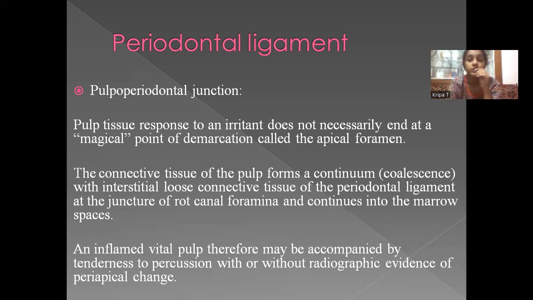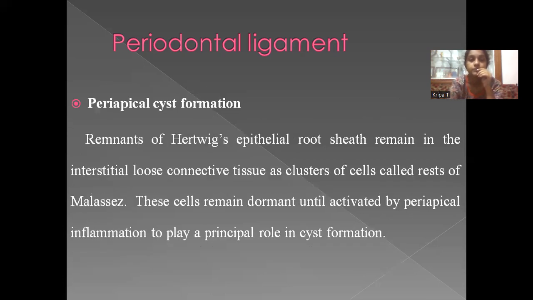When inflamed, a vital pulp may be accompanied by tenderness to percussion with or without any radiographic evidence of changes in the periapex. The remnants of Hertwig's epithelial root sheath, which remain in this loose connective tissue, called rests of Malassez, are dormant until activated by some kind of inflammatory growth factors, resulting in formation of a cyst.